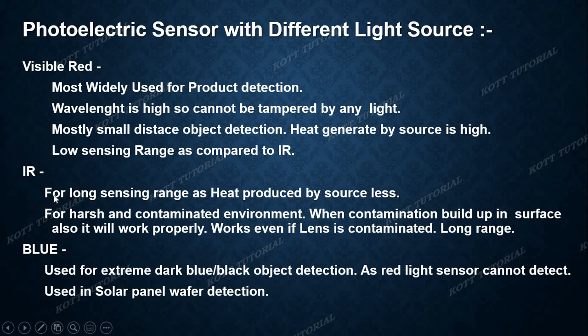And this type of IR light source sensor is mostly used for harsh and contaminated environments. For example, in a steel plant, we can use this type of sensor, because even if the surface of the lens of the sensor is contaminated, it can still work fine.